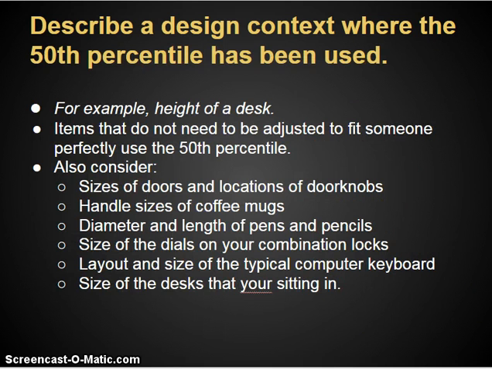There's another design context called the 50th percentile range. That is the one size fits all stuff. That is the desks. The height of a desk doesn't need to adjust to fit someone typically. The reason for that is there might be a lot of variations in people's sizes, but typically certain distances, certain proportions on the human body for adults or anyone over the age of 15 really is pretty consistent.